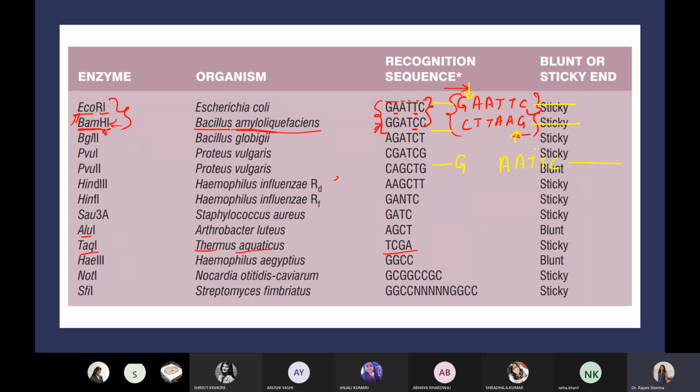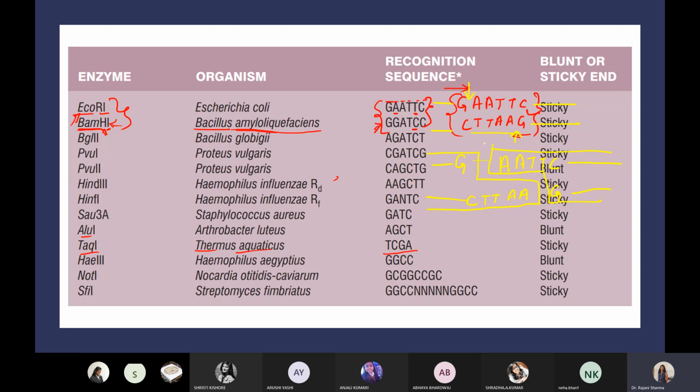Again this DNA will be there, and from the other side, G will be attached to the DNA strand, whereas the other part of the recognition sequence, AATTC, will be toward like this. So what we have here is the sticky end. That's why, as last time, I drew the way of cutting like this. It is producing the sticky end.